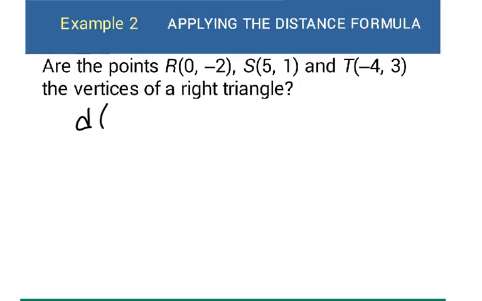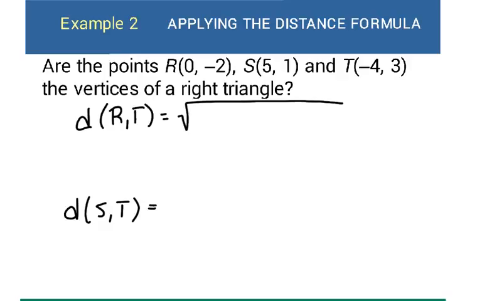Let's look at the distance between R and T, and then the distance between S and T. So we get 4 minus 0, and 3 minus -2, so 3 plus 2 squared.